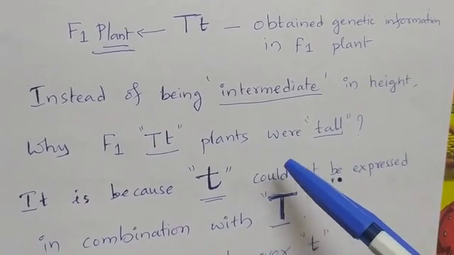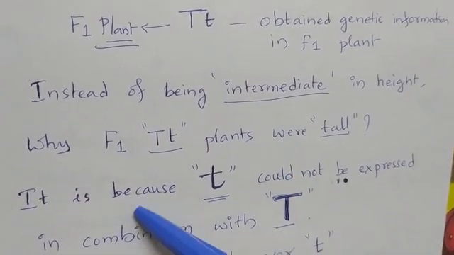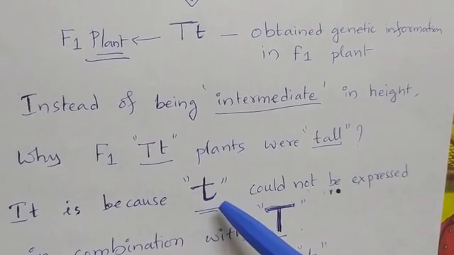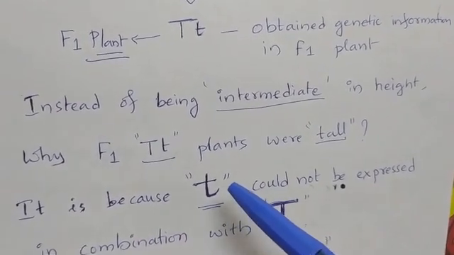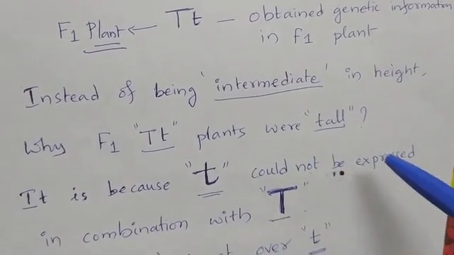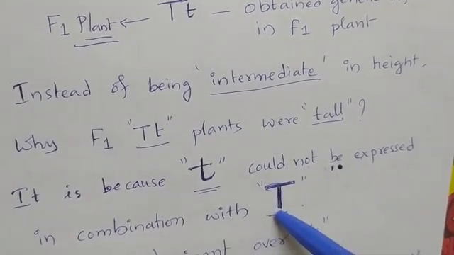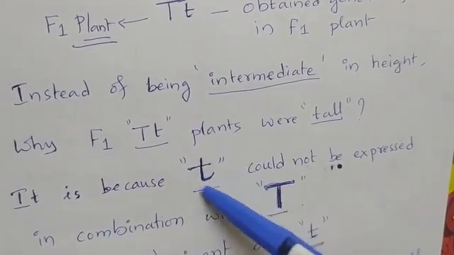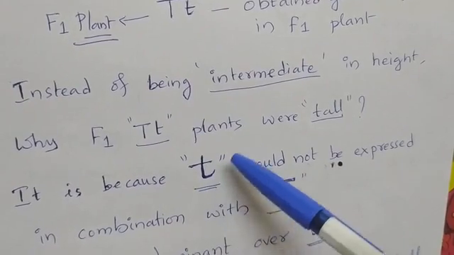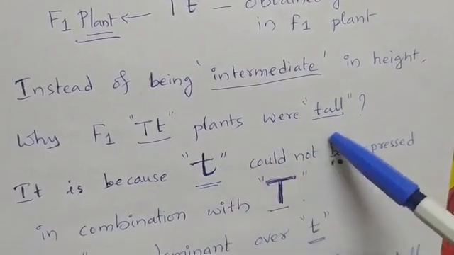Then he concluded that the small t copy of genetic information could not be expressed in combination with the capital T. It can express itself only in combination with another small t.